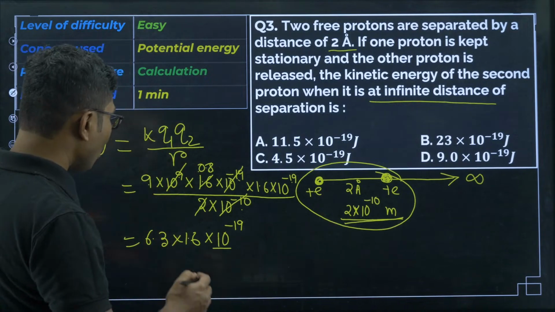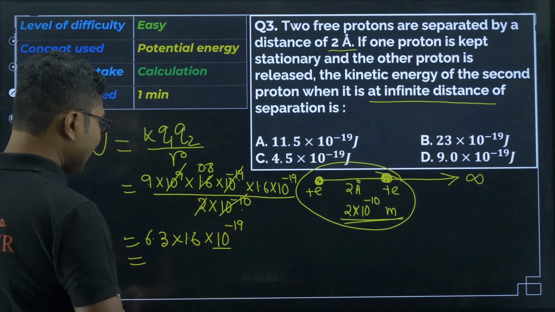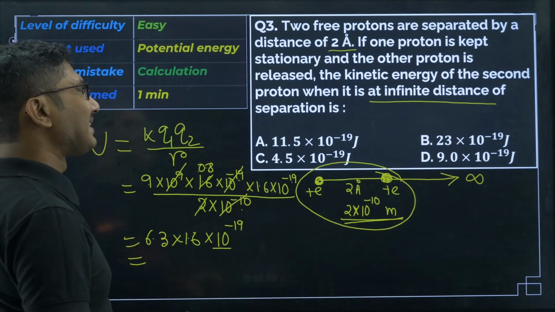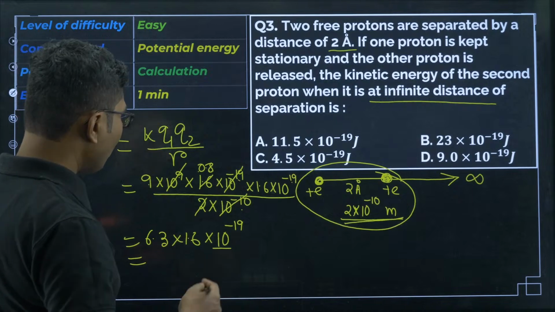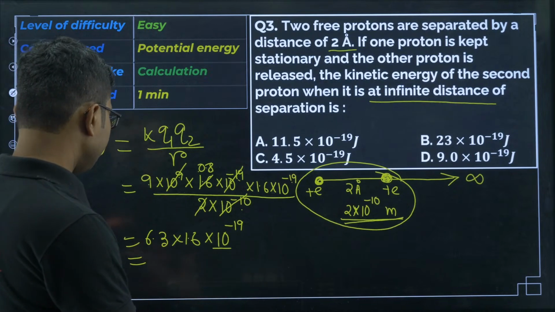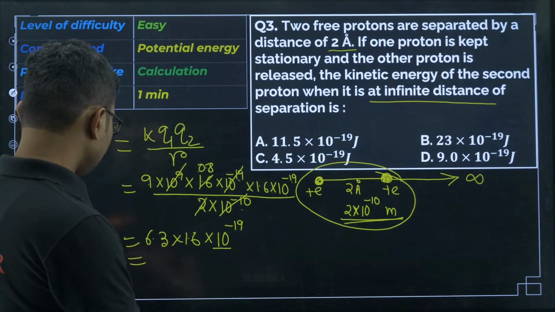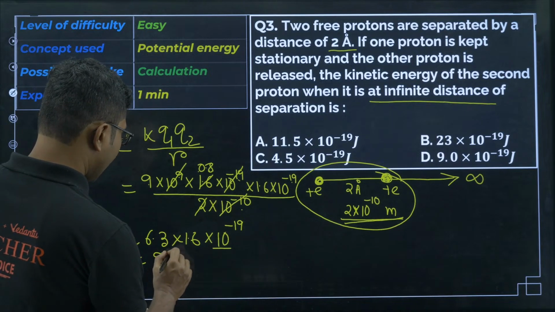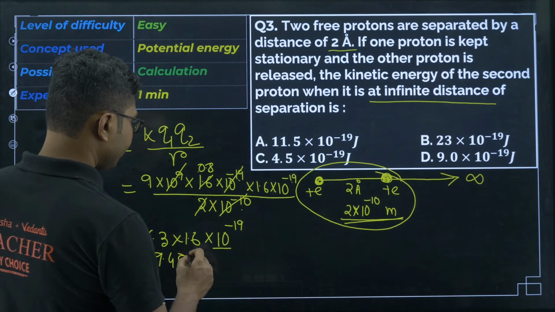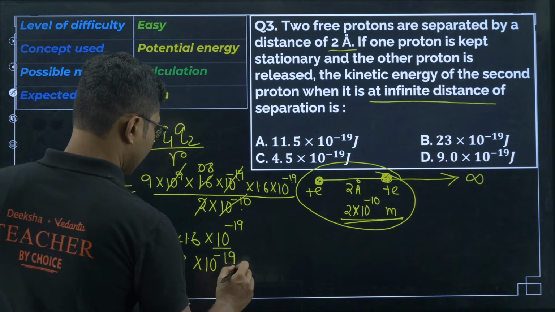This will be very close to 9 as I can see, more than 9 I guess. 9.48. I guess the answer will be 9.48 into 10 to the power of minus 19.